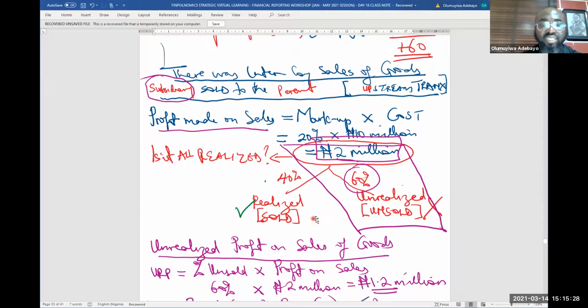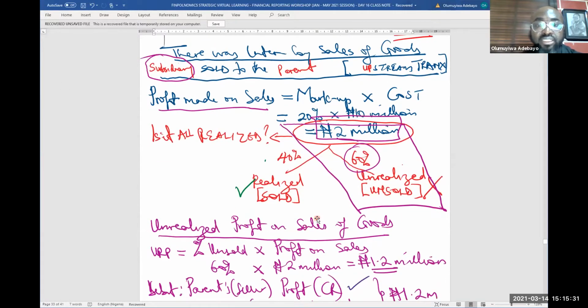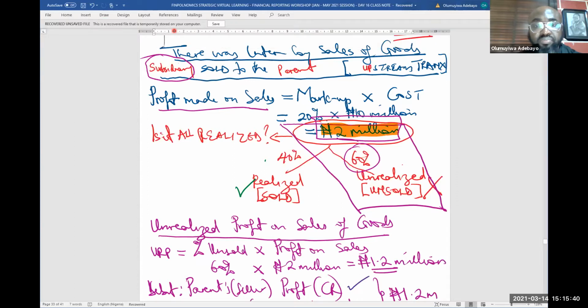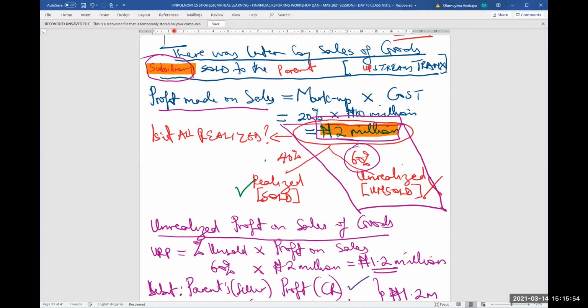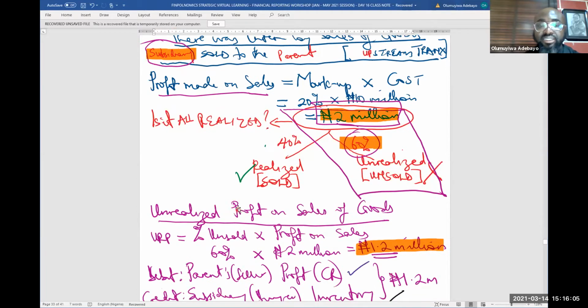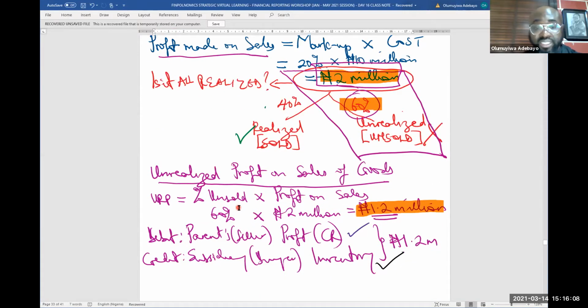Now, if it's an upstream transaction, who initially made this profit of 2 million? Let me highlight it. Who made this 2 million naira profit? It is the seller. Who is the seller in this case? It's the subsidiary. Now, if the seller made this profit, and we all agree that 60% of it, which accrued to 1.2 million, is unrealized, it means such a profit had to be reversed from the books of the seller.